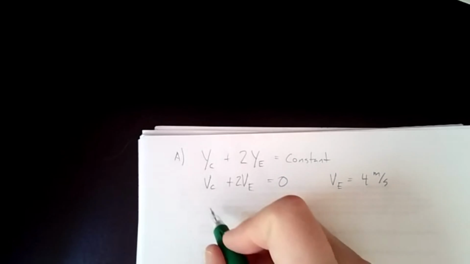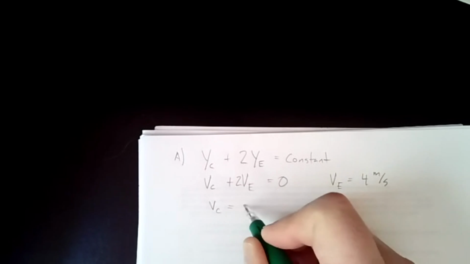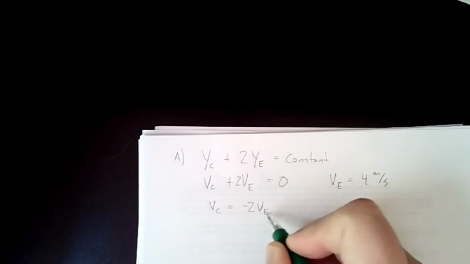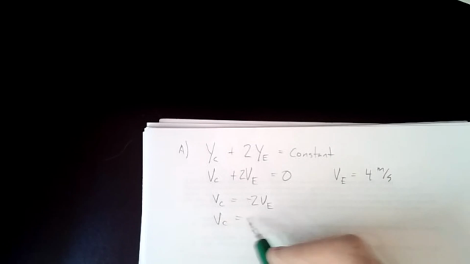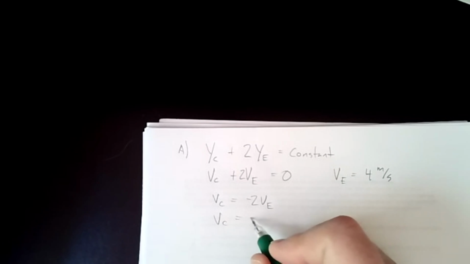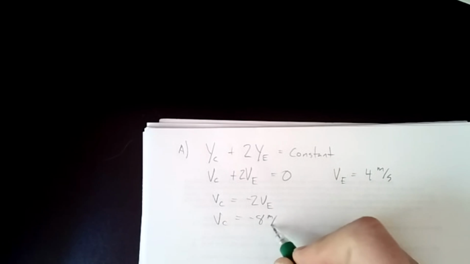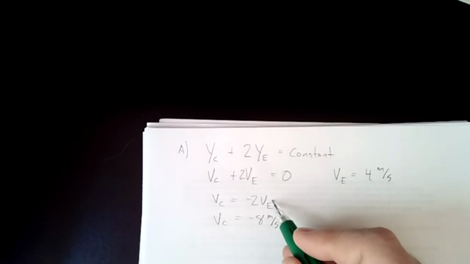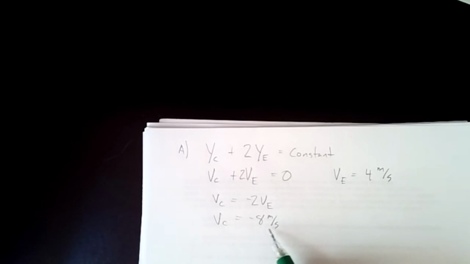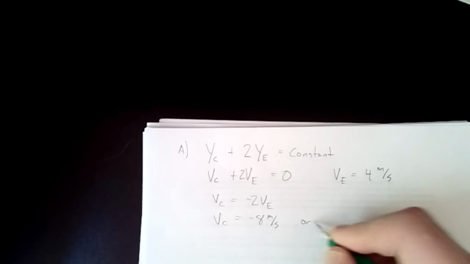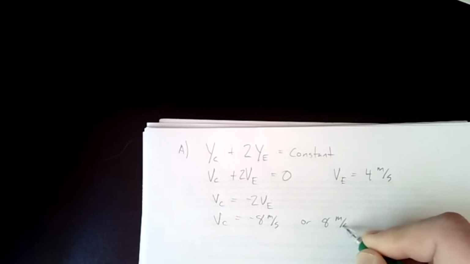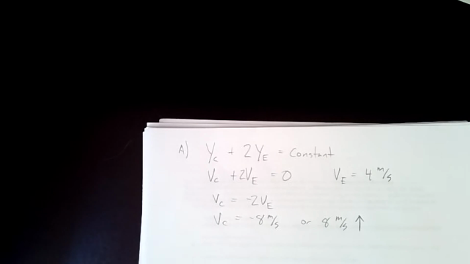So therefore, we can write VC is equal to negative 2 VE. And so VC is equal to, doing the complex math, we get minus 8 meters per second. So I'm putting in 4 for VE. And so since it's negative, it means it's going up, or 8 meters per second up, because we defined down as positive. Okay.